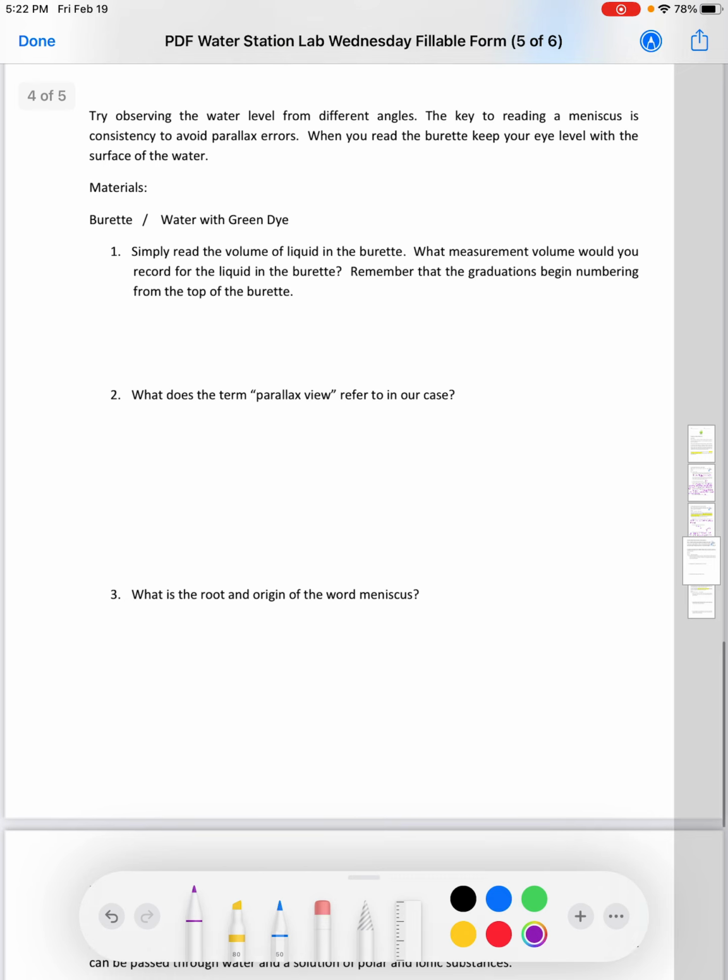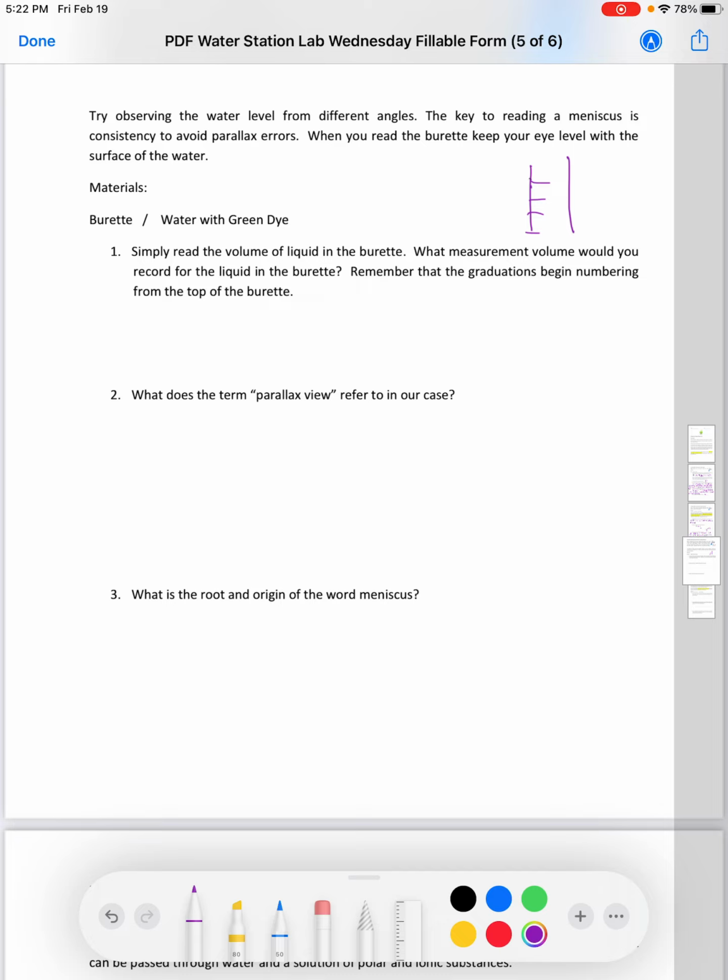We're almost done. Read the volume of water in the burette, and what measurement would you see? And when you measure this, we had this not capillary, but burette, long burette, several 600 or 700 centimeters long, almost a meter long.